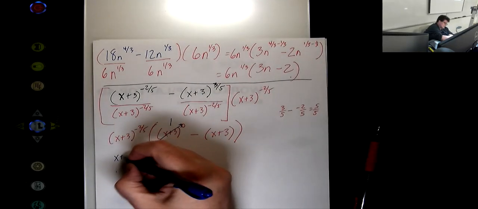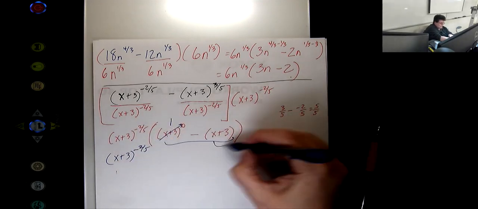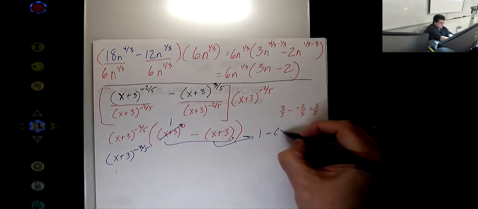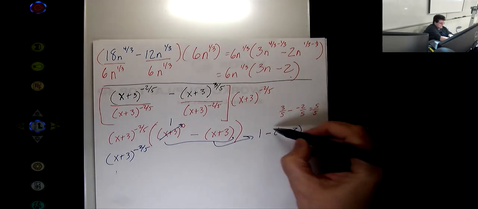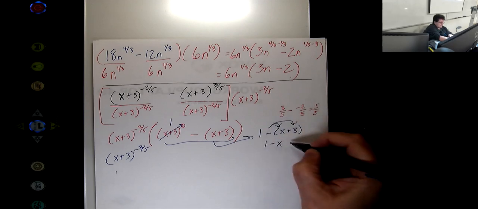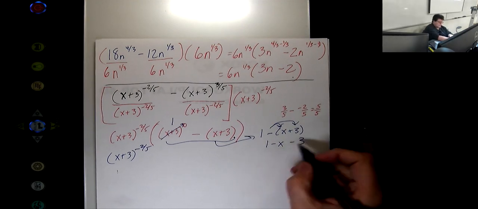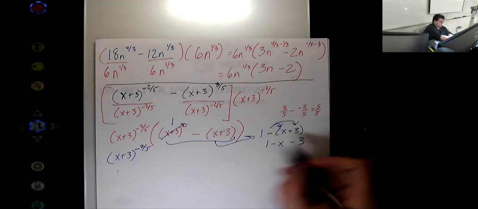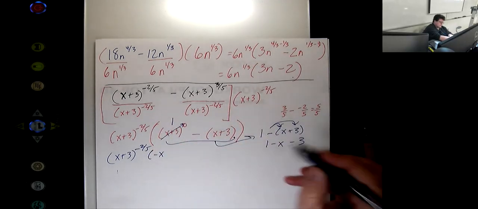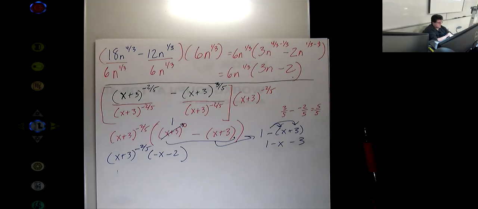Finally, that cleans up a little bit. In here, I've got 1 minus x plus 3 like that. And I can distribute this negative to each of them. I've got 1 minus x minus 3. And the 1 minus 3 becomes -2, which means I could even factor it a little bit more.